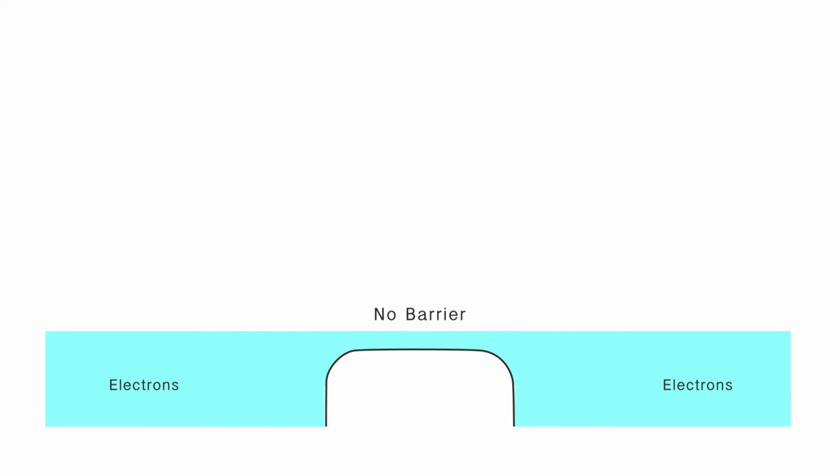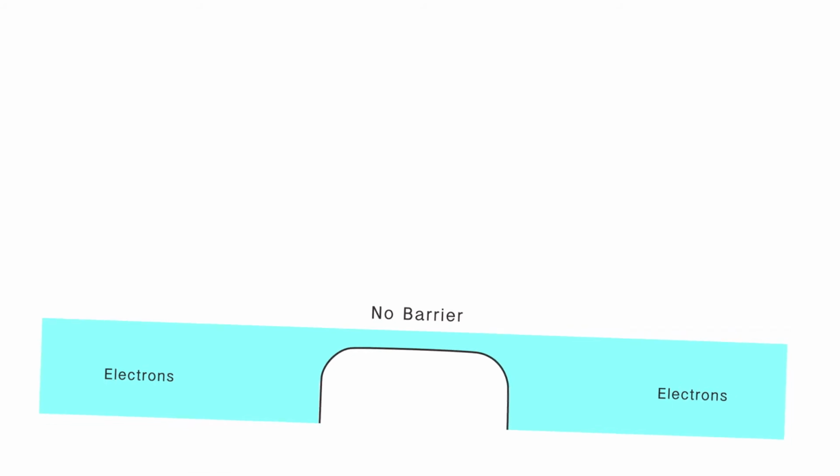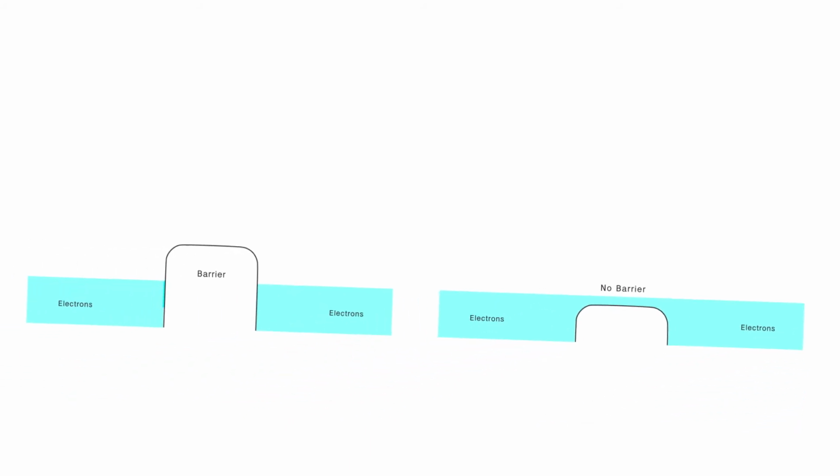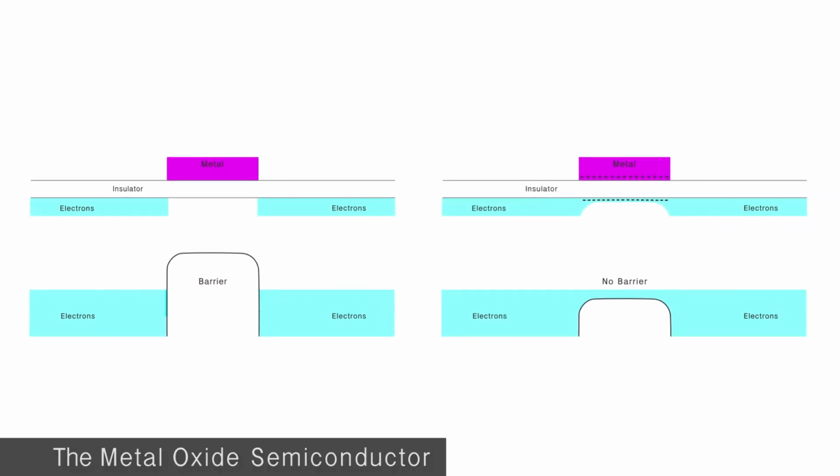If I tip the picture a little bit now, the electrons can flow all the way through, whereas before, if I tipped the picture, the electrons would stop on the left and they'd go out a little on the right, and they wouldn't connect.